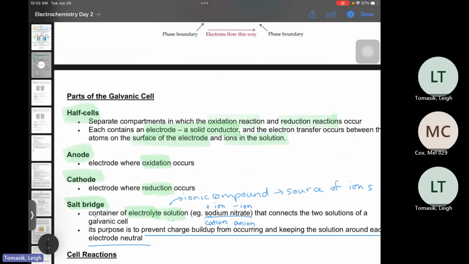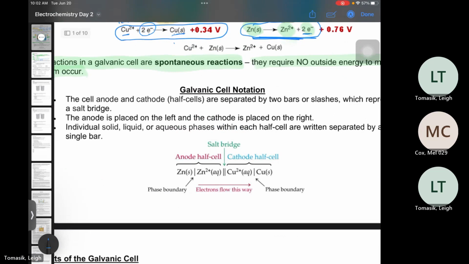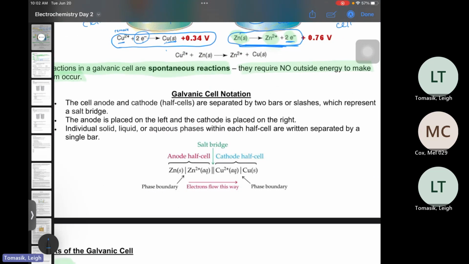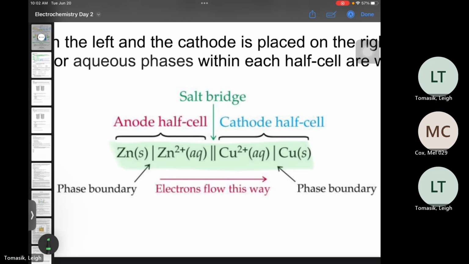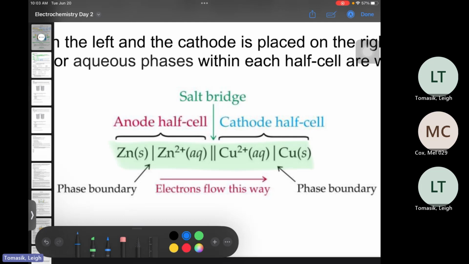We can also describe a battery with something called galvanic cell notation. We can describe this battery using this. I could write this down and give it to a chemist and they could recreate the battery. So how does this work?